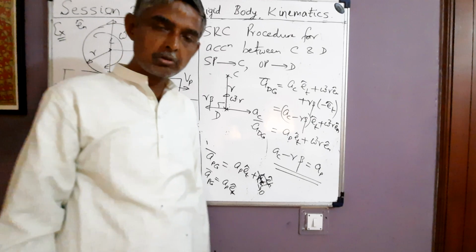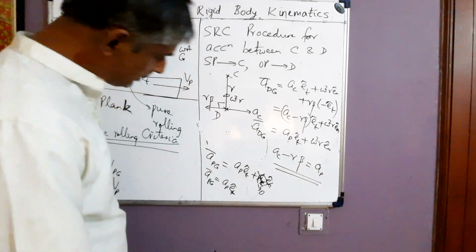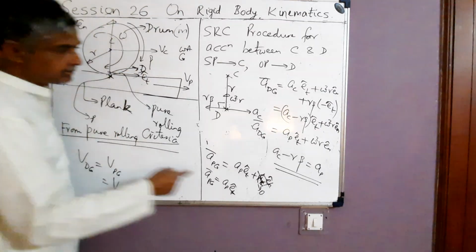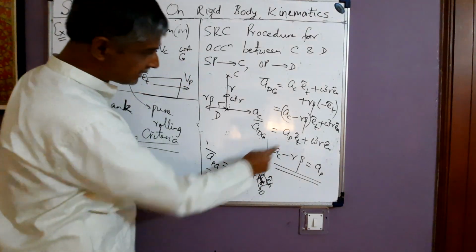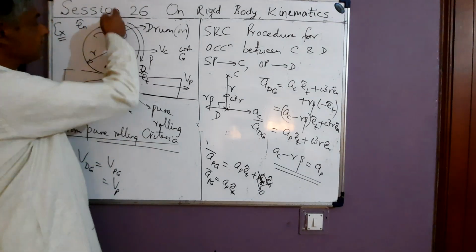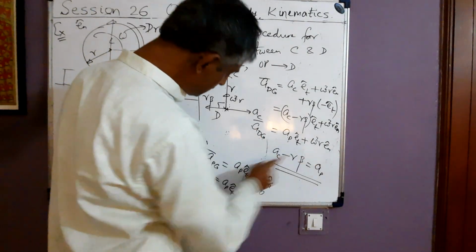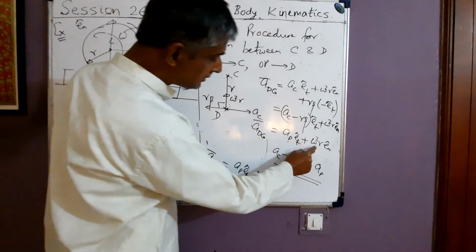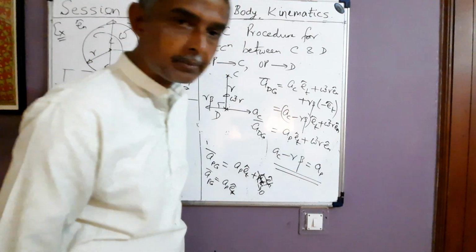Can you observe what I am saying? Along EN, the component of ADG is not equal to the component of APN. APN is 0 and ADN is omega square R. They are not the same.